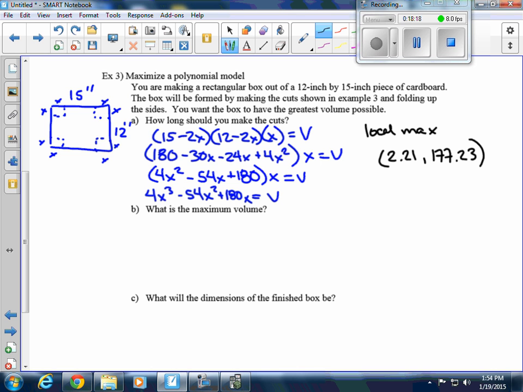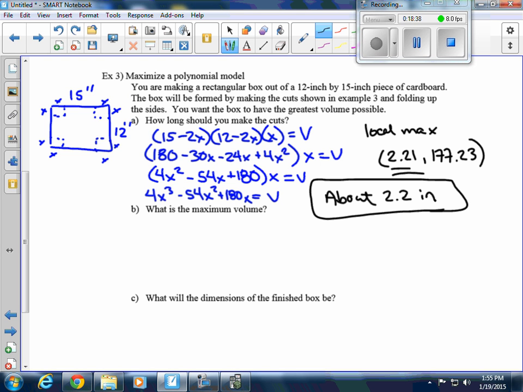Now, question A says, how long should you make the cuts? Well, it's going to be approximately this. That's what x represents. So approximately, or about, 2.2. What are the units? Inches. So we want to make it about 2.2 inches. Now, what is the maximum volume? Well, the maximum volume is going to be there. So the maximum volume is about 177 cubic inches.